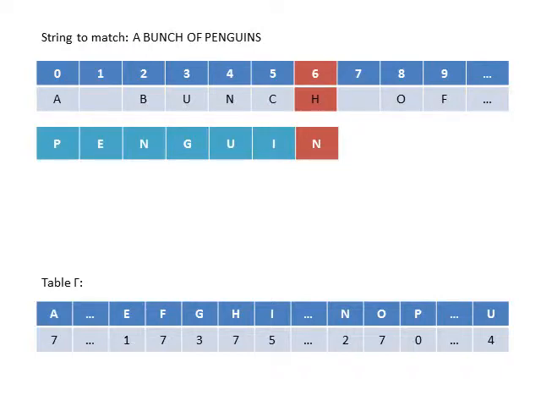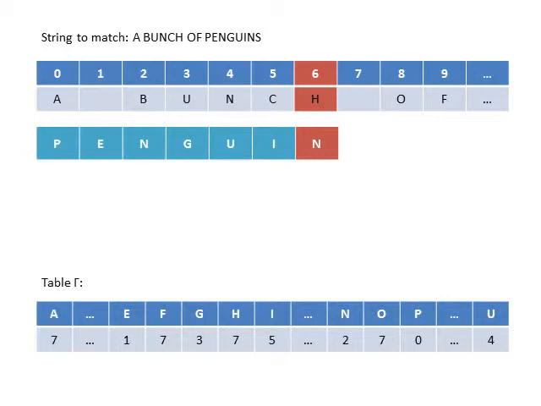In here, first of all, I'm going to get a string that we're going to find the word penguin from, and this string would be a bunch of penguins, as you can see along the top of the slide. First of all, we need to align our word penguin against the string and compare the last letters.